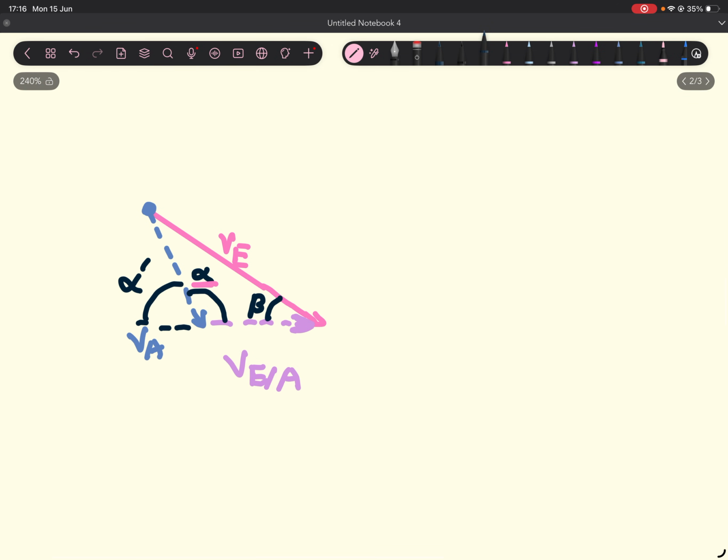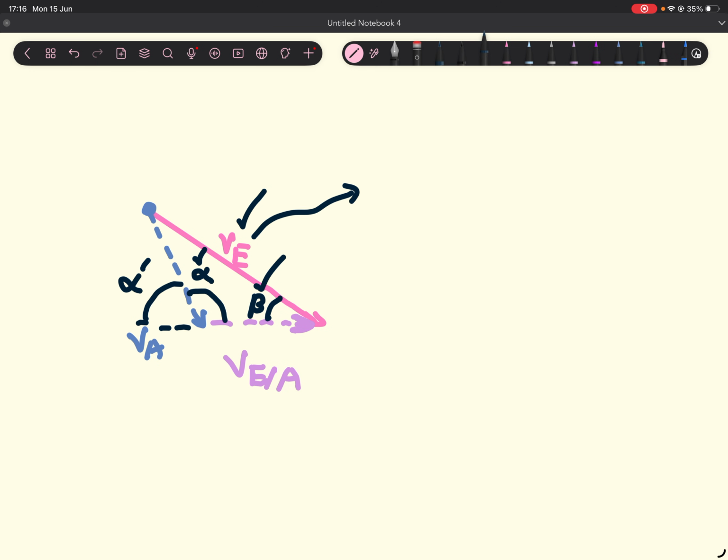Then you've got all these angles, you've solved for that angle, you solved for that one, then you can use either sine rule or cos rule, probably sine rule, yeah, because you've solved for VE.